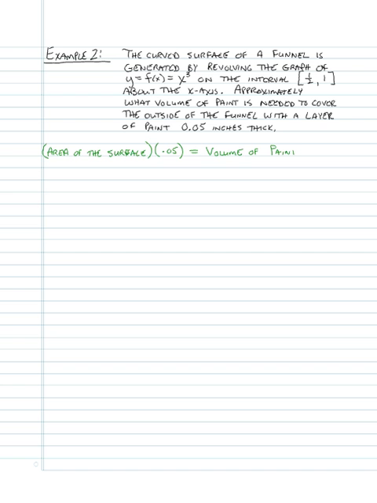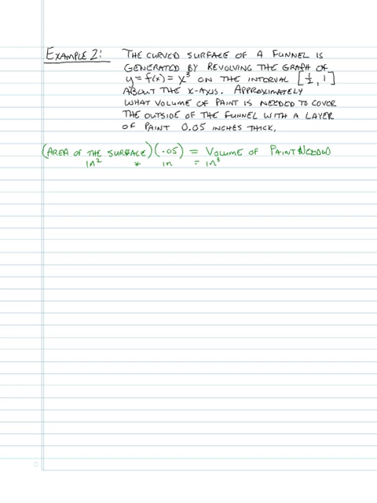Of course, we're assuming that the units here are in inches. So this is square inches, and this is just in inches. And so the volume will be in inches cubed, or cubic inches, of how much paint.